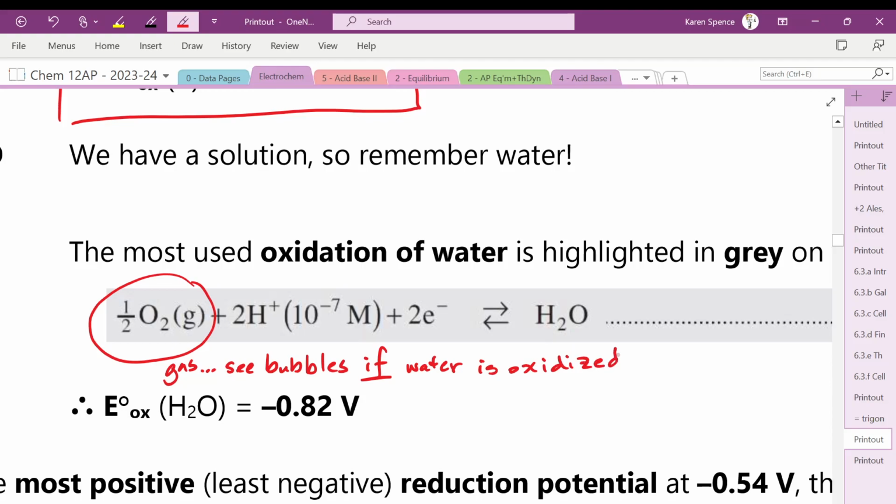So we might get a question like, you see bubbles in this thing, what is being oxidized? You could say water, if your other thing being oxidized does not produce bubbles.